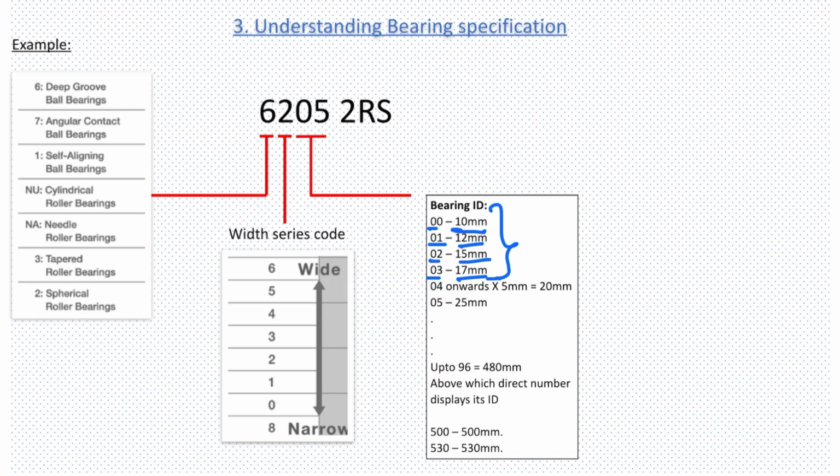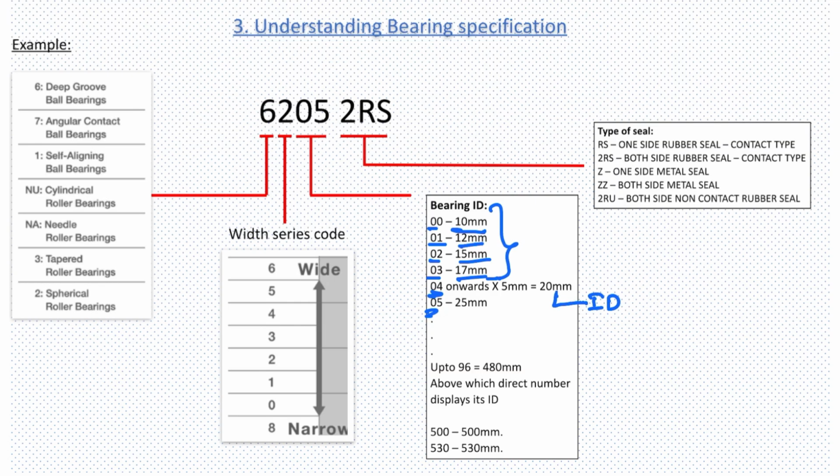Above 03, that is 04, 05, 06, every number we can multiply by 5 and the result is the internal diameter of the bearing. For example, in our case it is 05, that is 05 into 5 is equal to 25 mm, the internal diameter of this particular bearing.